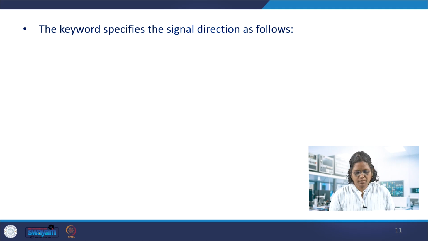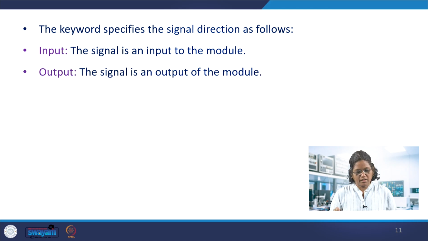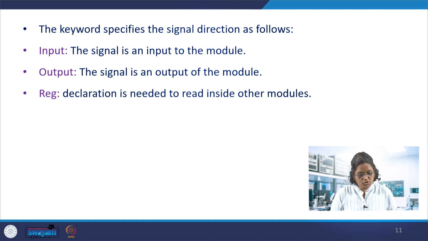So the keyword specifies the signal direction. If it is declared as input, the signal is an input to the module, and if the signal is an output, then it is coming out of the module as an output, as in the case of Z in our AND gate. Also the reg declaration is needed to read the signal in other modules.